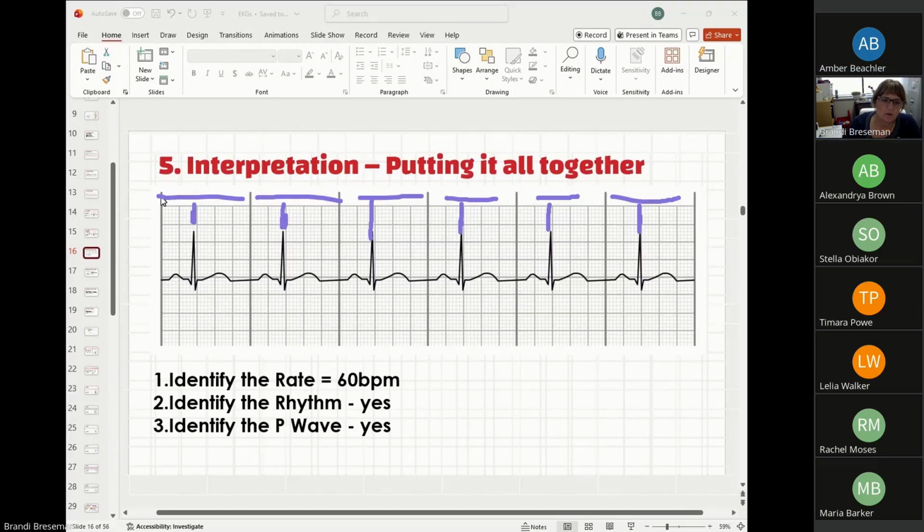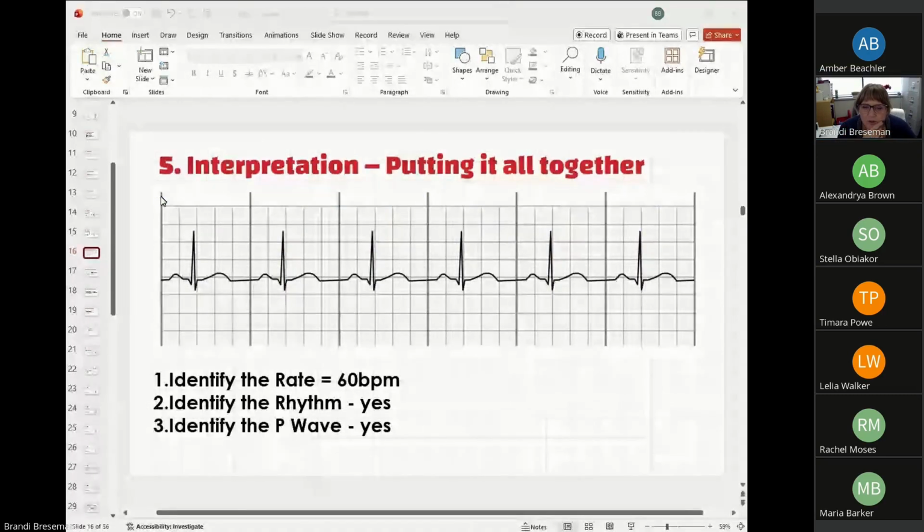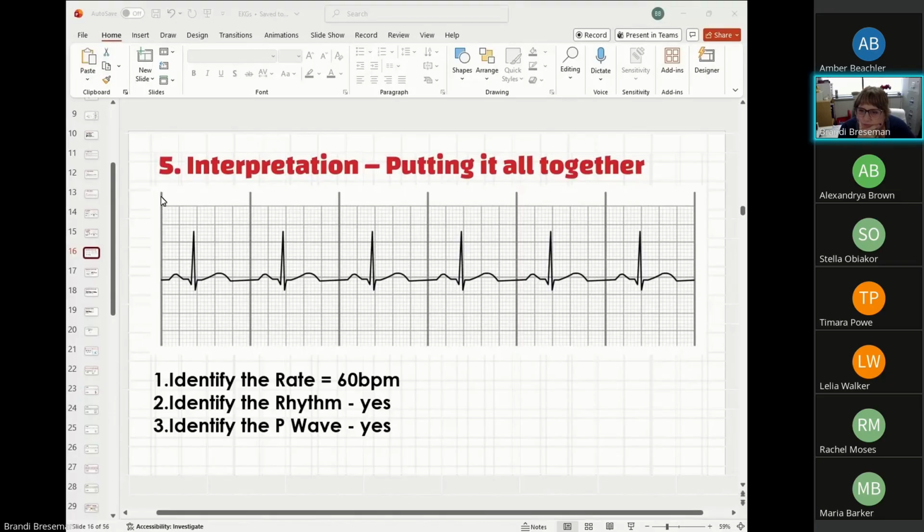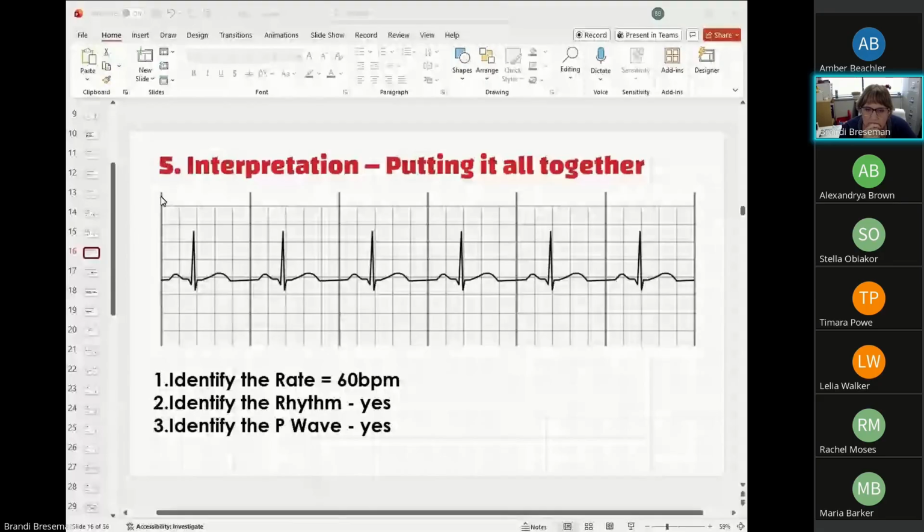All right. So is there a P wave? Yes. Is there a P wave in front of every QRS? Yes. And are my P waves upright? Yes.